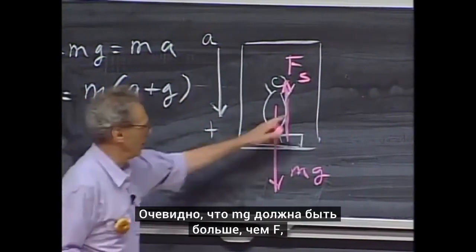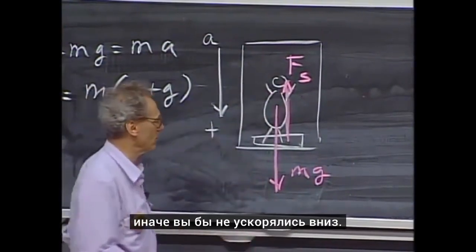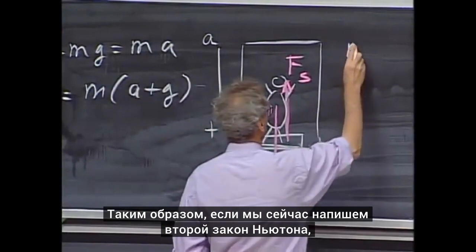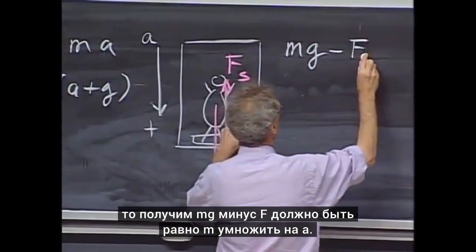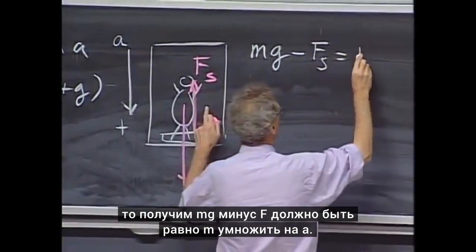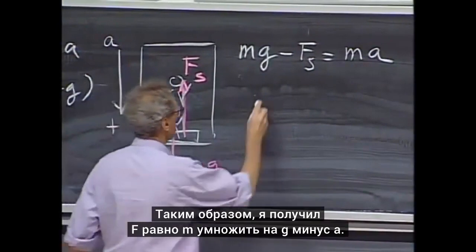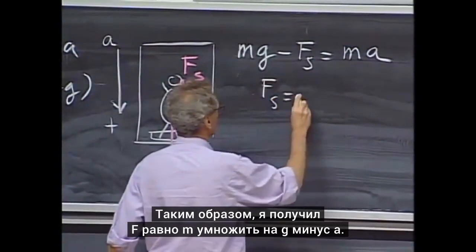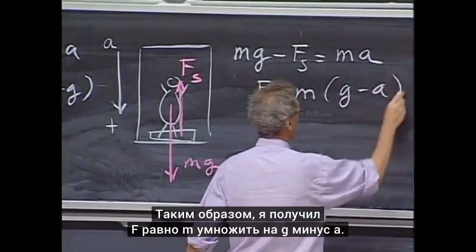Clearly, mg must be larger than F of s, otherwise you couldn't be accelerated downwards. So if now we write down Newton's second law, then we get mg minus F of s must be m times a. This holds for acceleration down, and so I get F of s equals m times (g minus a).